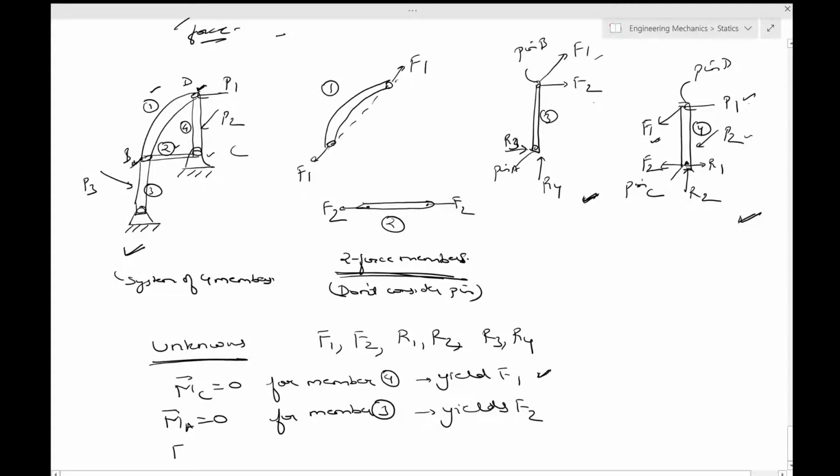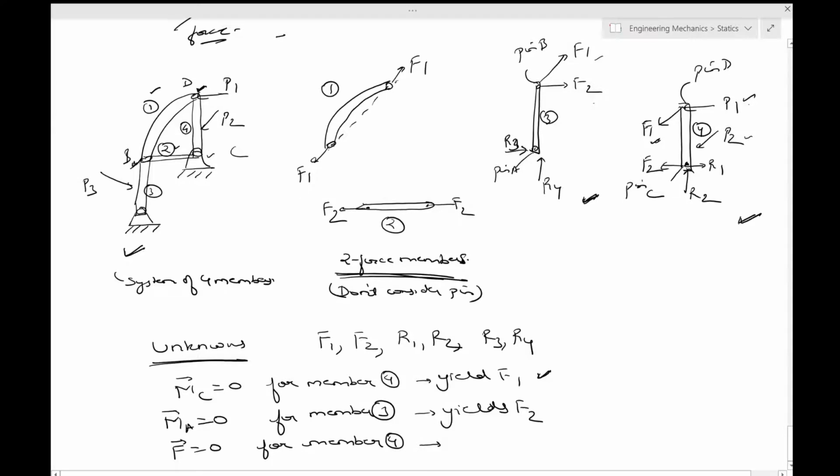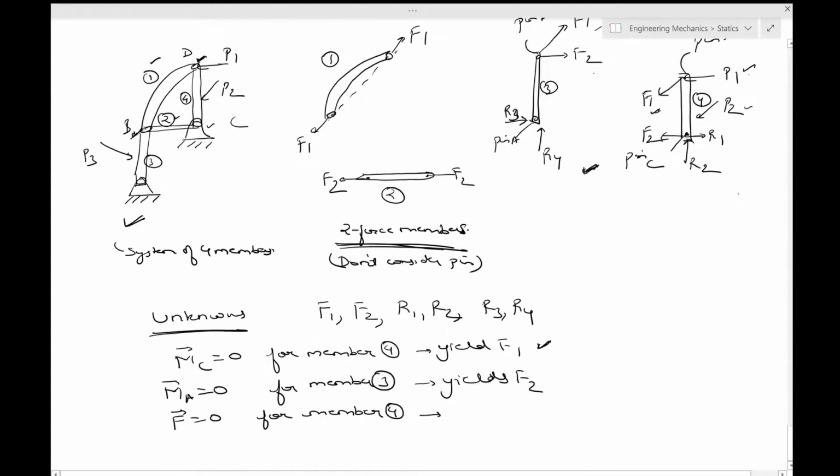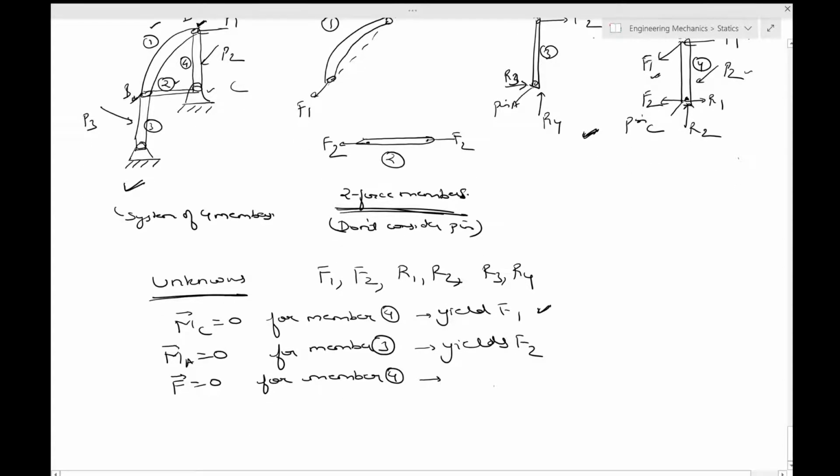Now sum of F is equal to 0 for member 4. Yes, so F1 and F2 have been found out, and if you apply the force equilibrium in the x direction and in the y direction, then we would get R1 and R2.